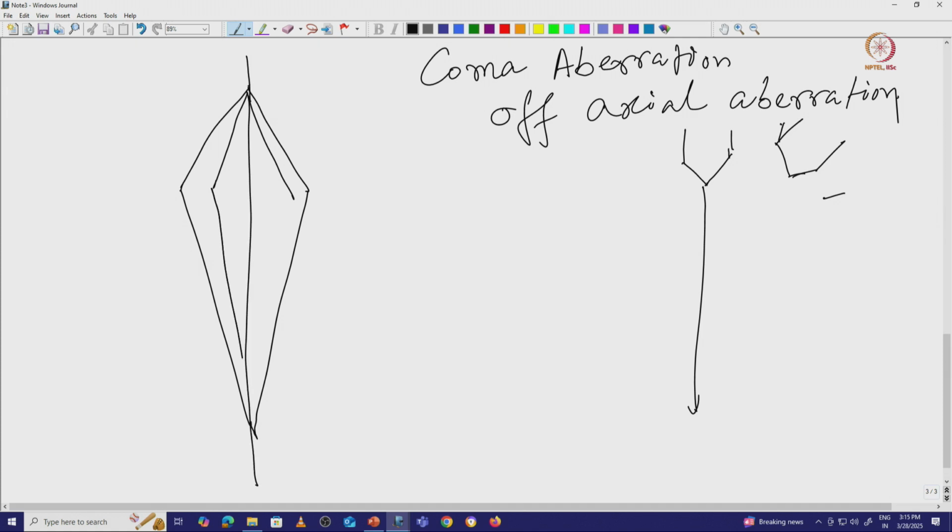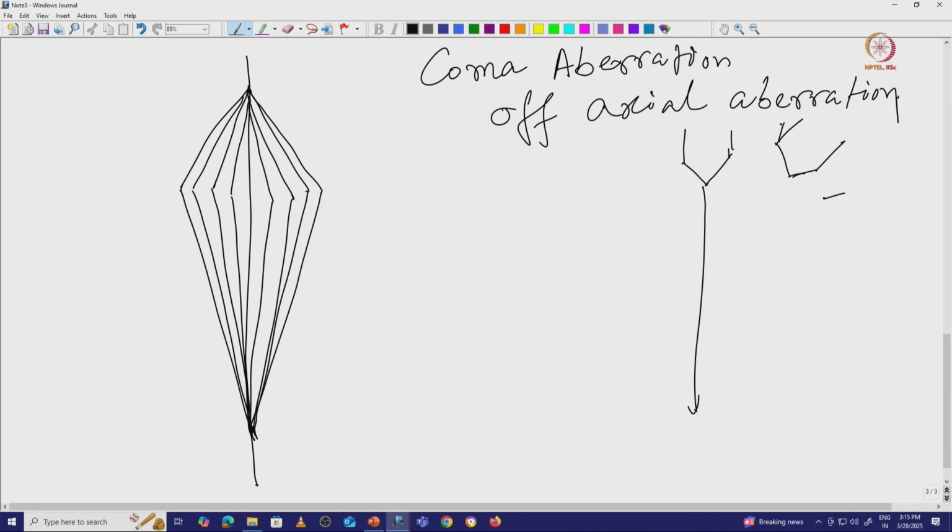Now the rays will come and merge here, right? So this is the perfect scenario where rays are coming like this and giving us an image, with our point source, our sample and our image, everything on the axis.